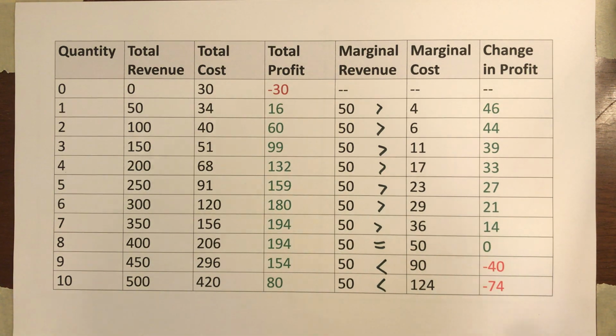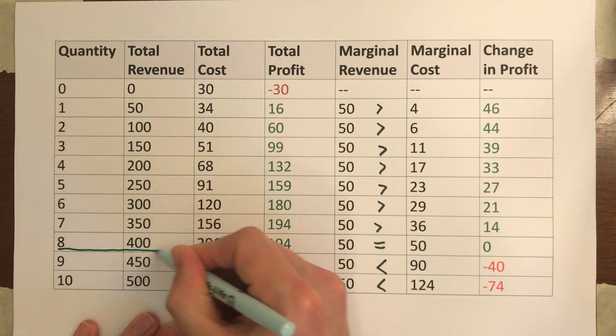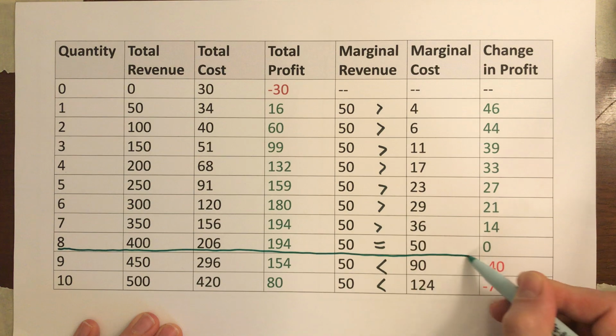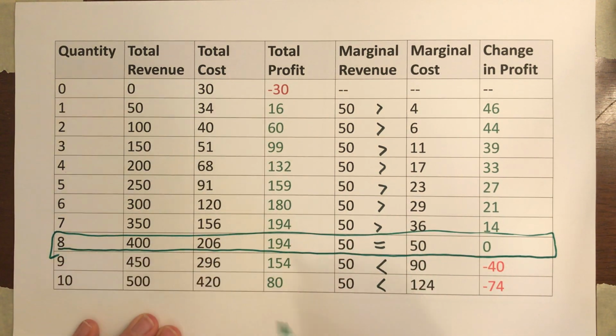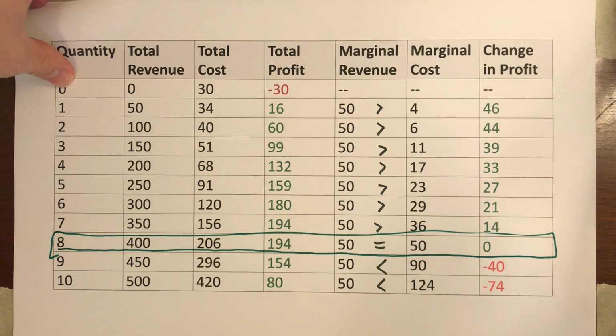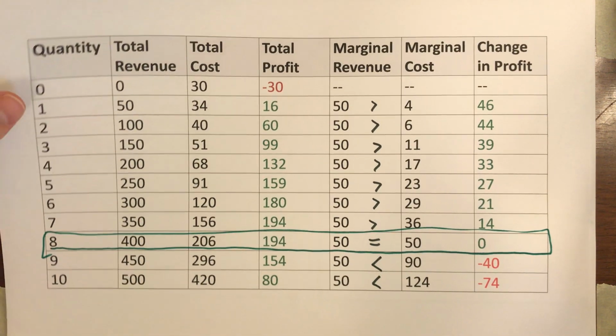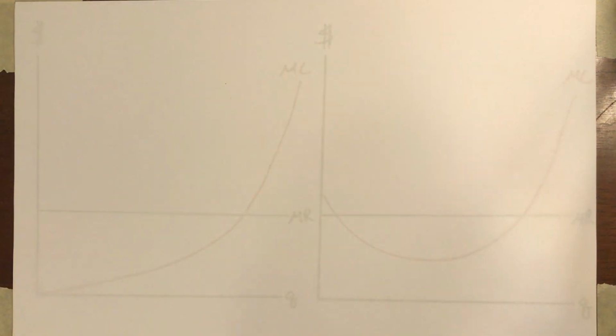So once again, where you want to produce is right here, on unit 8, where marginal cost equals marginal revenue. So that's it in table form. Now let's talk about it in graphical form.